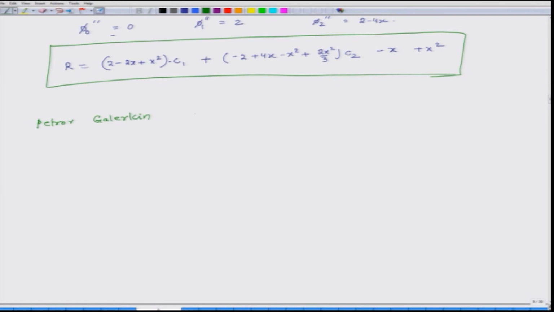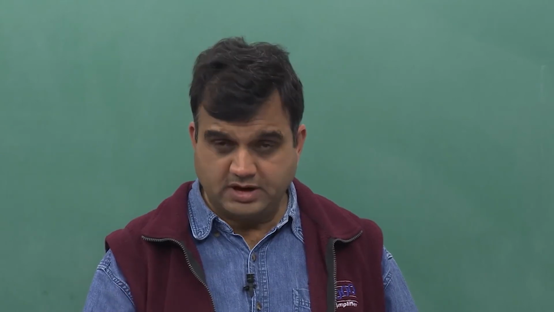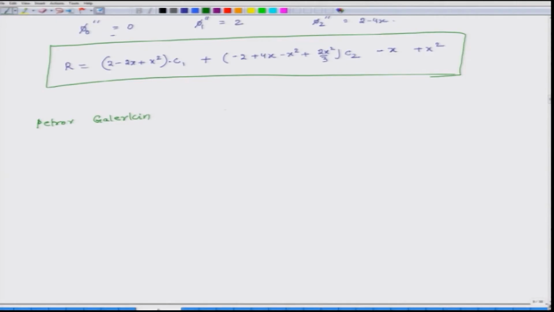Here the weight function should not be the same as the approximation function for the primary variable. So, I choose psi 1 as the weight function x and psi 2 as the second weight function x square. Okay. So, this is one.